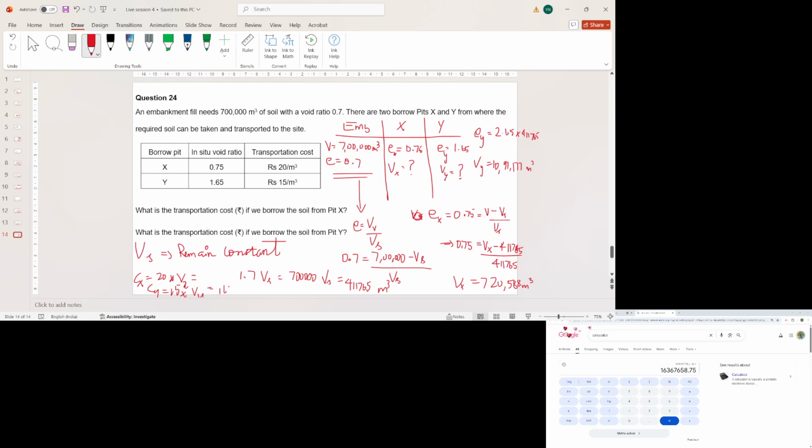It's 16367659 rupees. For this one, 720588 into 20. It comes to 14411760.